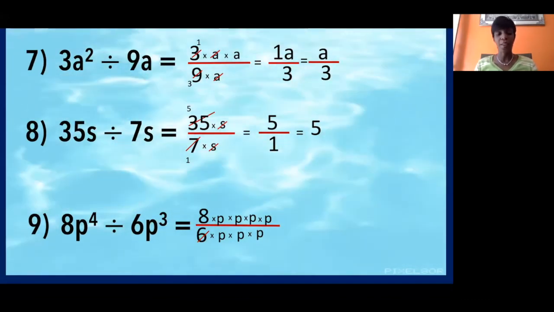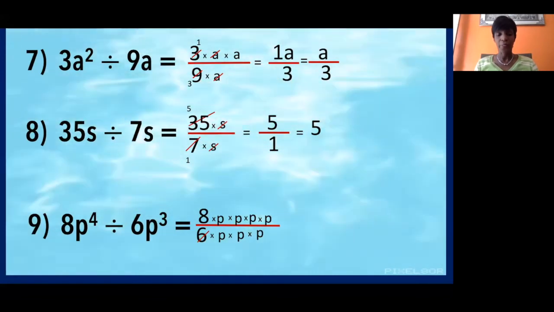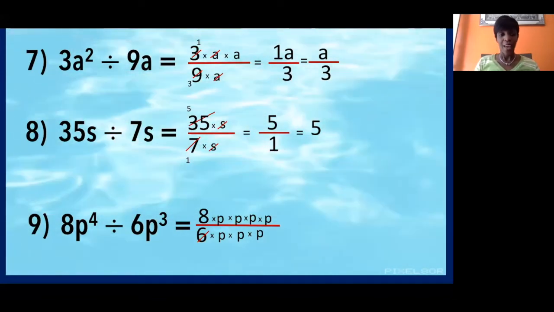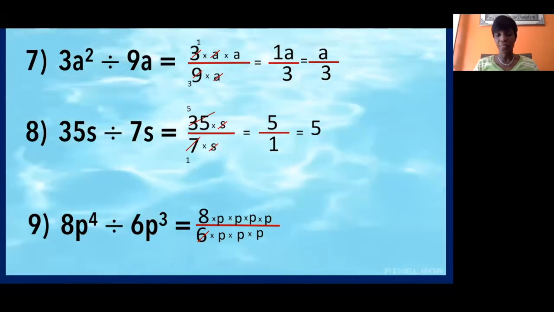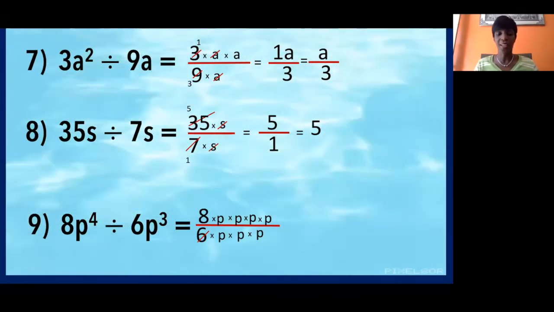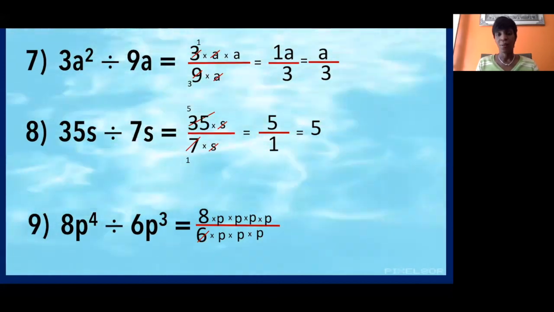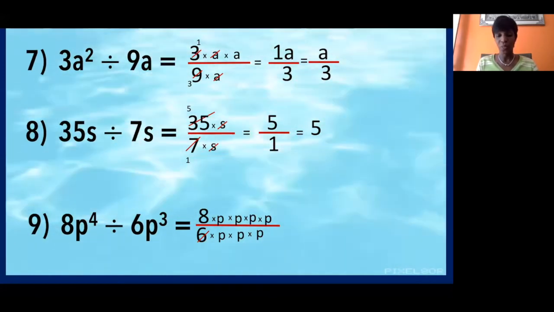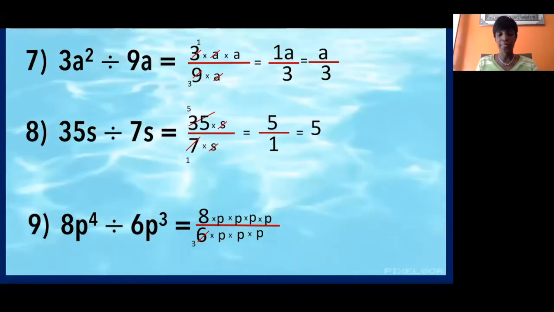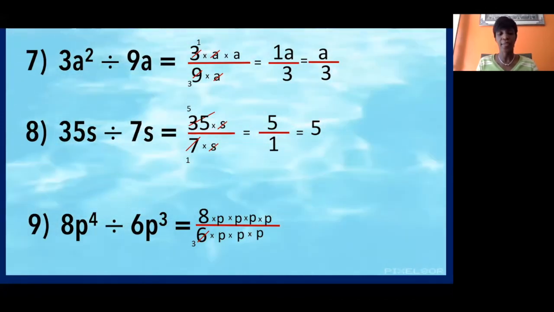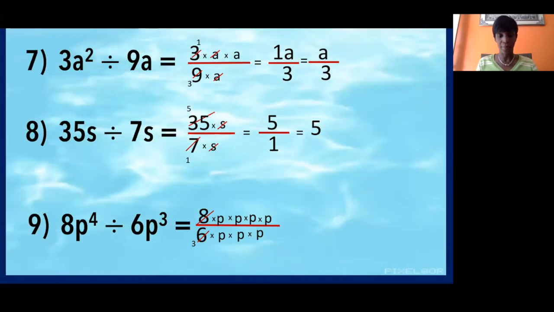So we have to write out the factors of 8 and the factors of 6. What do you get? What's the highest common factor? Our highest common factor of 6 and 8 is going to be 2. So 2 into 6 goes 3 times, 2 into 8 goes 4 times.